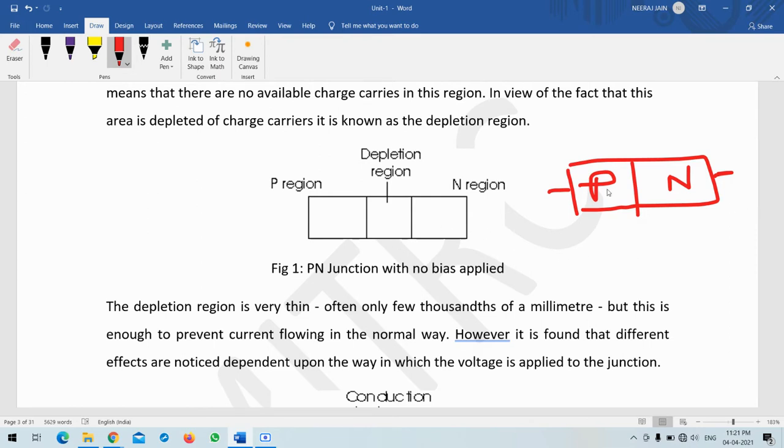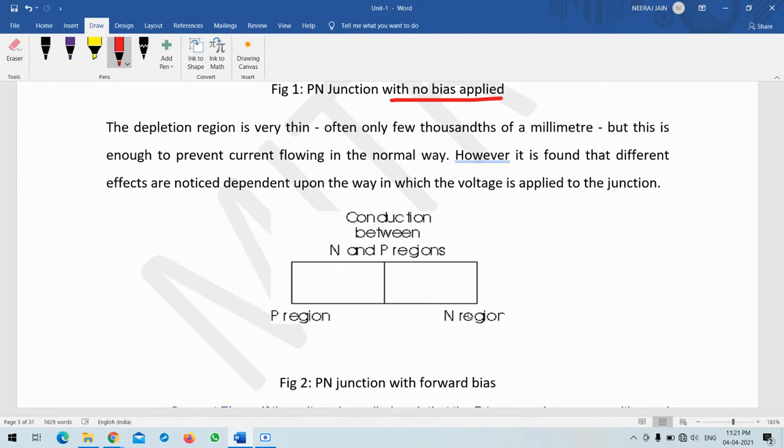In that case, we find a depletion region is created because P has holes in the majority and N has electrons in the majority, and they combine and create a depletion region, so that the remaining holes and electrons cannot cross the junction. So this depletion region works as a barrier between the P and N regions. There is a very minute current flow when no voltage is applied, and the movement of holes and electrons is only due to the environmental temperature.